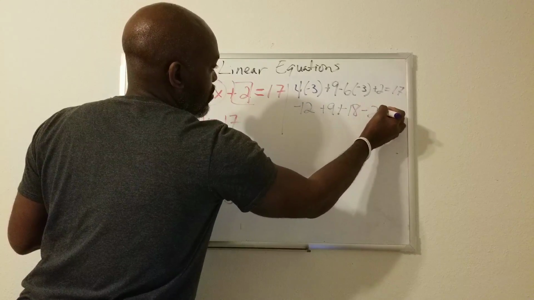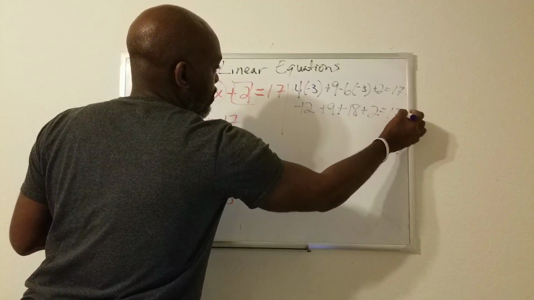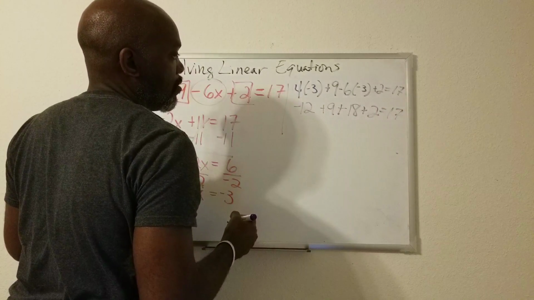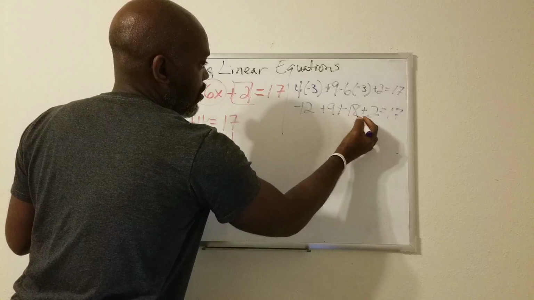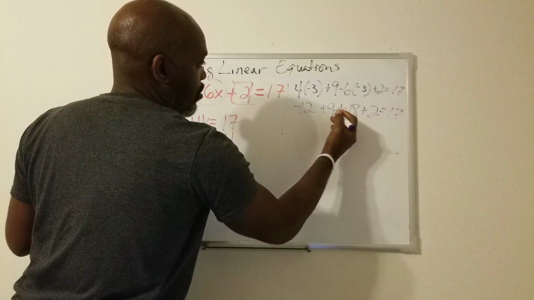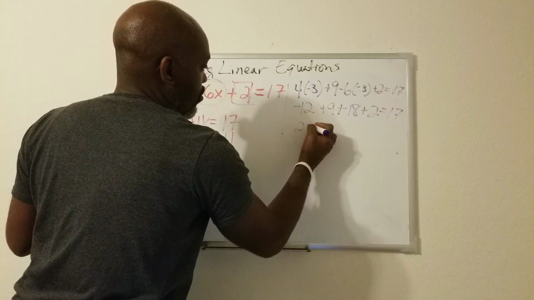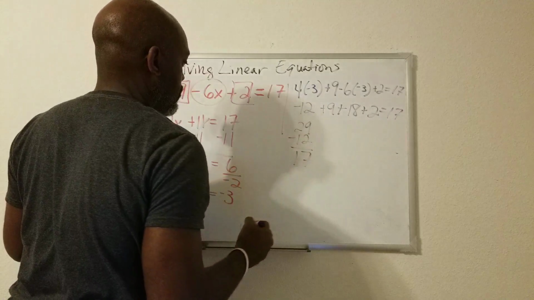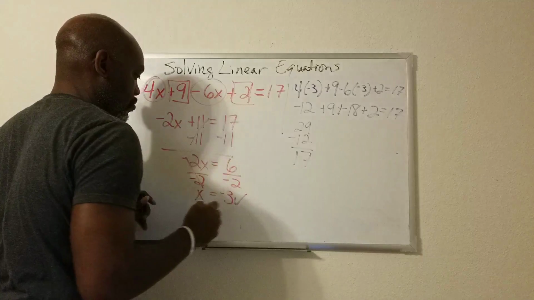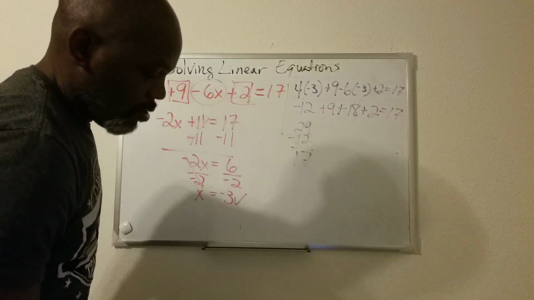That's plus 2. We got 29, so 29 minus 12 is 17. So this is correct.